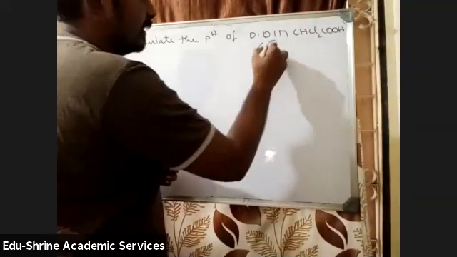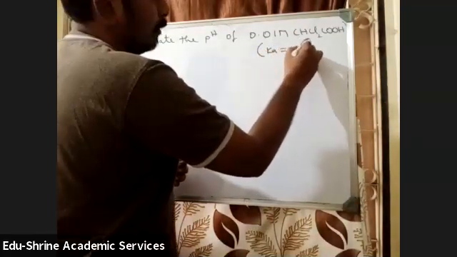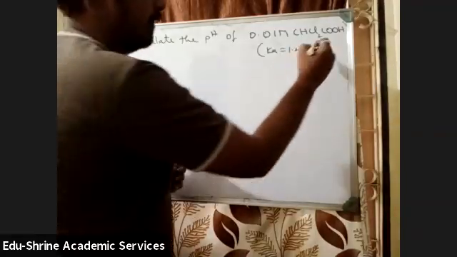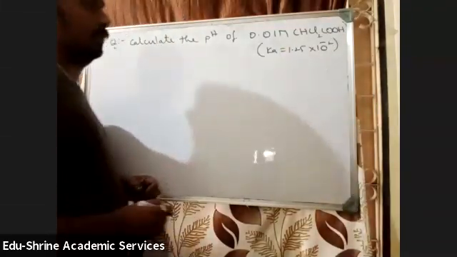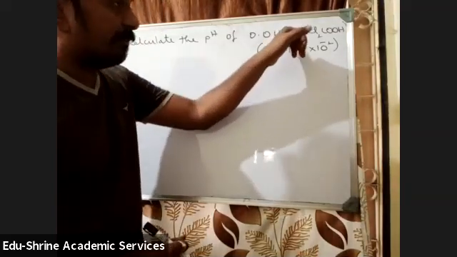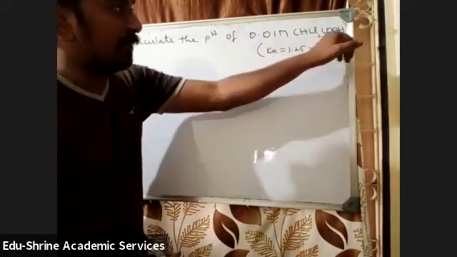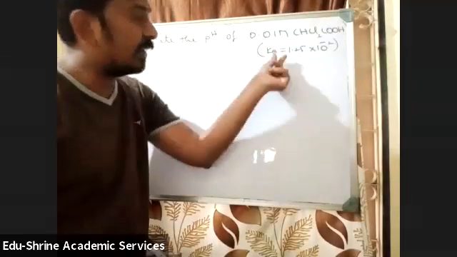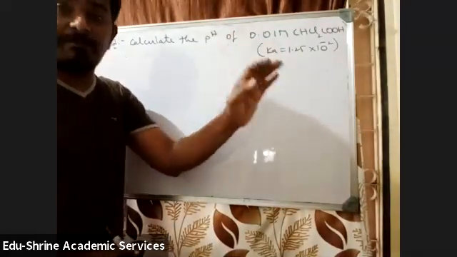The Ka value is given as 1.25 into 10 power minus 2. So you know that the question belongs to weak acid, okay, because COOH is a carboxylic acid and the Ka value is given. That means it is a weak acid.